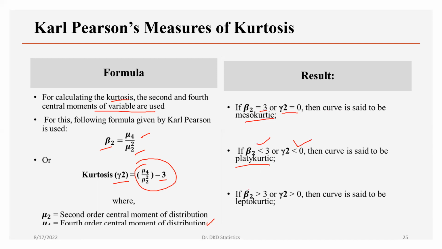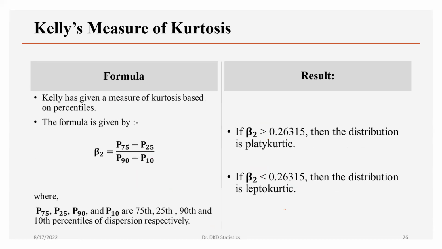And if beta 2 is greater than 3, gamma 2 greater than 0, then the curve is leptokurtic. These basic concepts for Karl Pearson's measure of kurtosis have to be remembered. Then we can analyze and interpret the data.